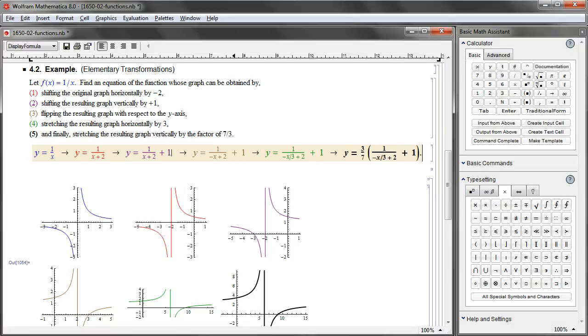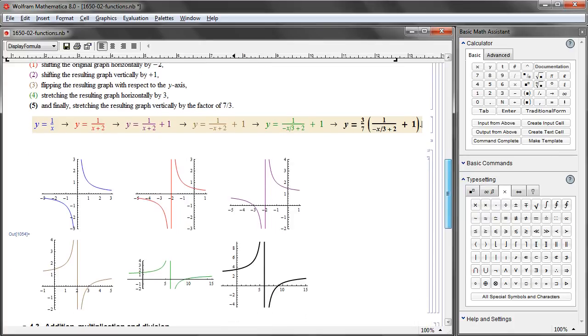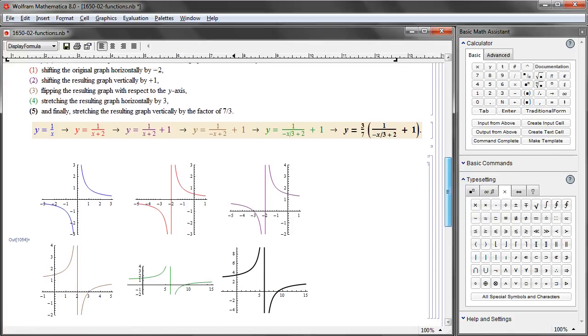That's the purple graph. Now, transformation number 3, flipping by y-axis. In other words, horizontal flipping, and so this purple graph is flipped horizontally to the brown graph, and that's obtained by replacing x by -x.